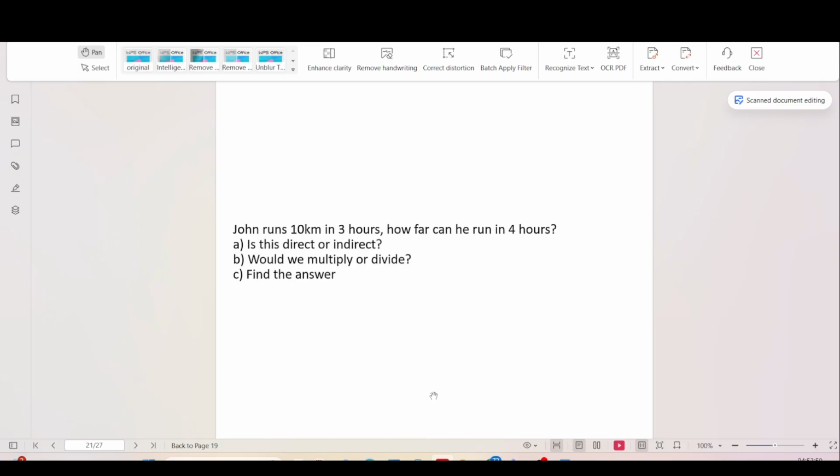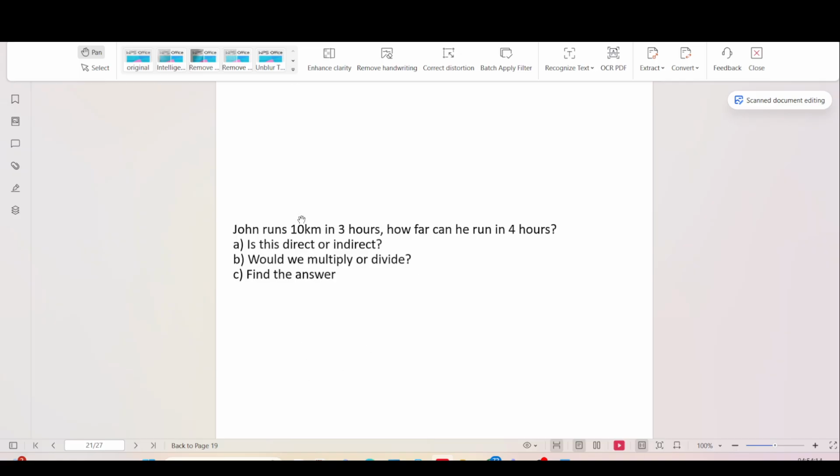So we do 10 over 3, which equals 3.3, should equal 4 over x. So we'd get 4 over 3.3. No. X over 4, isn't it? Yeah, because it's direct.